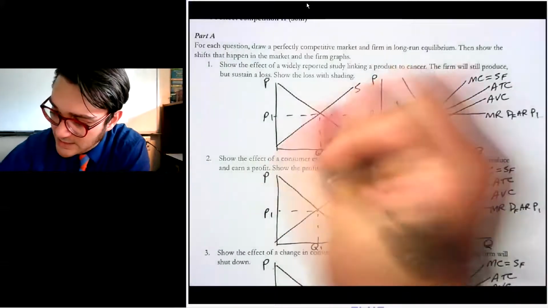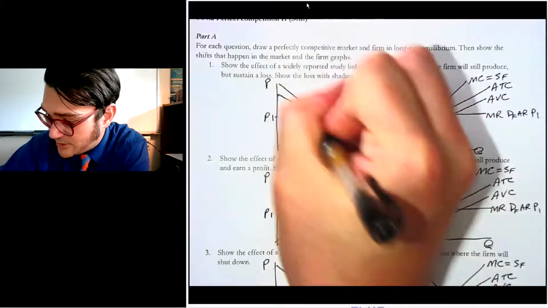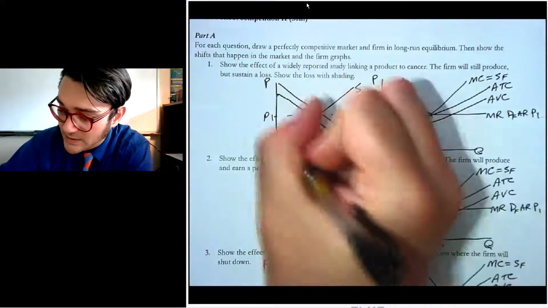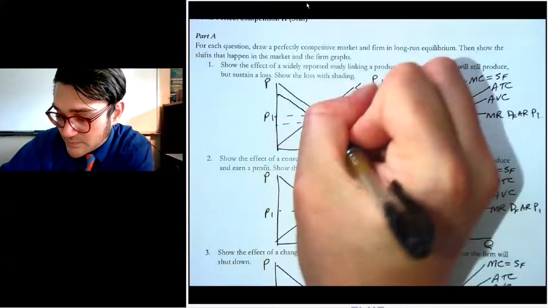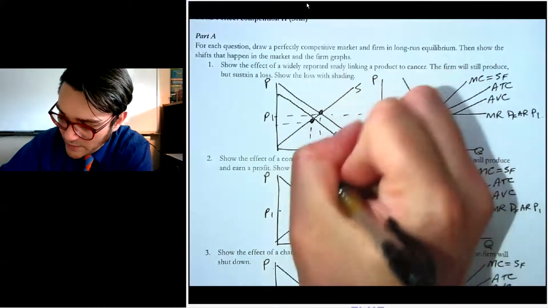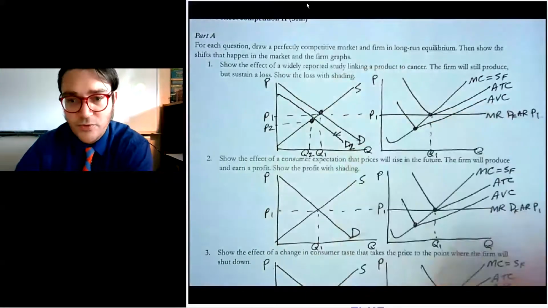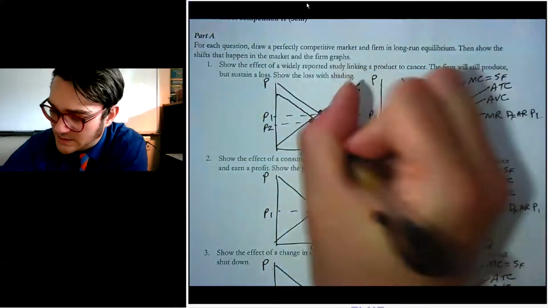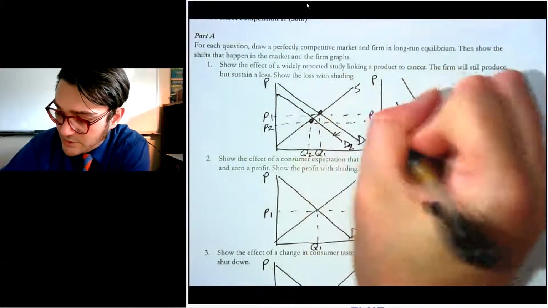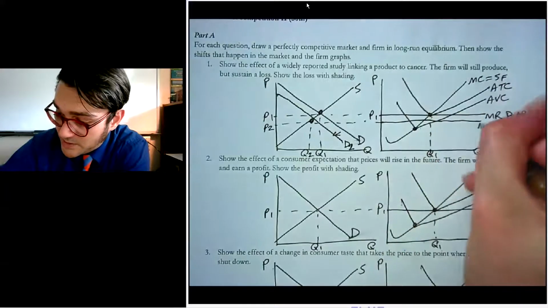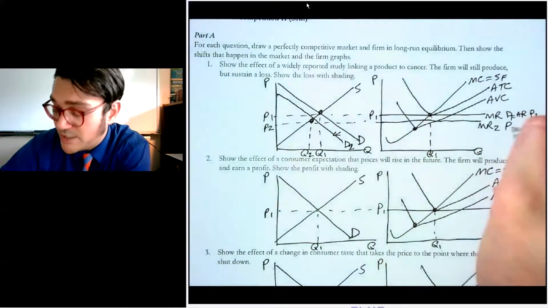So we'll say demand goes down just a little bit, decreases to the left, and so we get a new price, quantity 2, and we'll say price 2. I'm actually going to say demand 2, just so it's consistent here. And MR is going to fall just a little bit. So we'll put MR2 and P2.